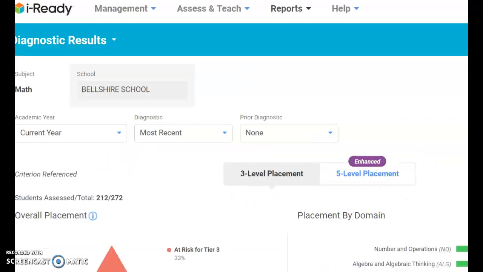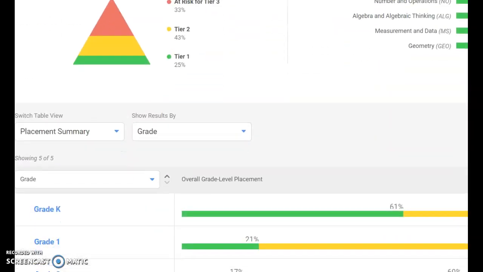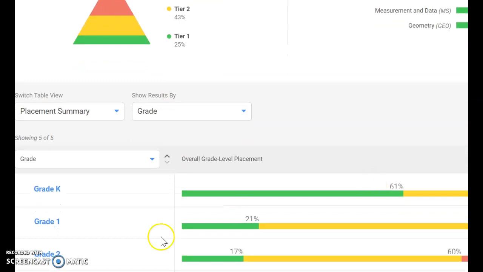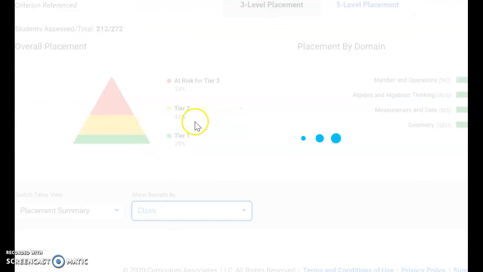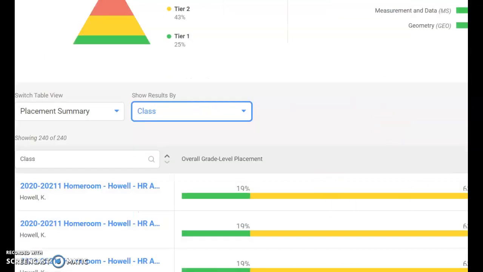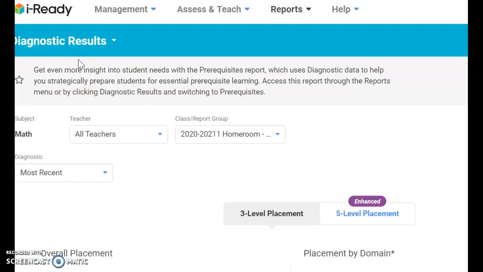When I go to Analyze Performance, then you will have a screen that will show your grade level in your classroom. I will just need to put in one, so I'm going to put in class, and I'm going to do Miss Howell's class because that's who I use on the student data sheet.